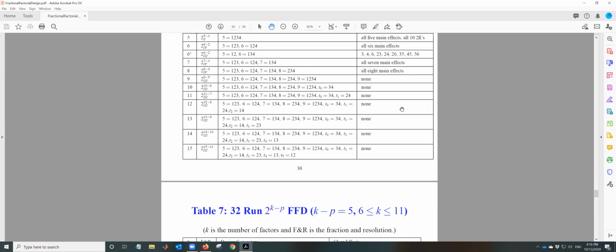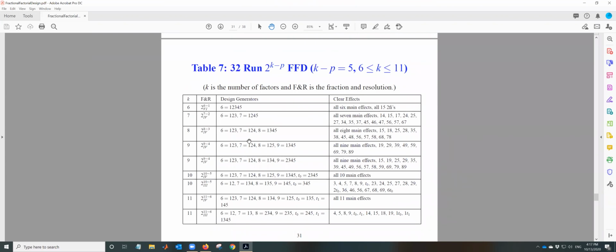Okay, let's see. 9 minus 4. You see here, we have 2 designs for K. K is the number of factors, and F and R are fraction and resolution. So the number of factors we have is 9. 2 power 9 minus 4 means we only want to do a small fraction. And then we are going to do the 1, 2, 3, 4, 5, 2 power 5 factorial.